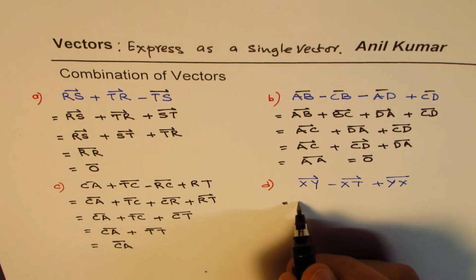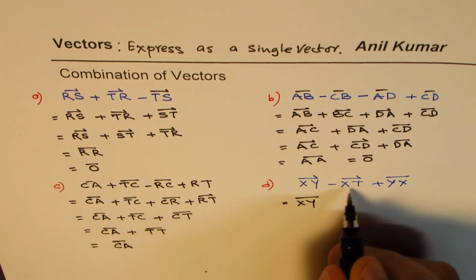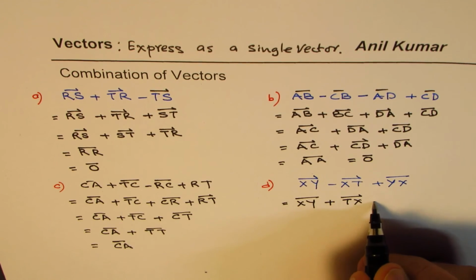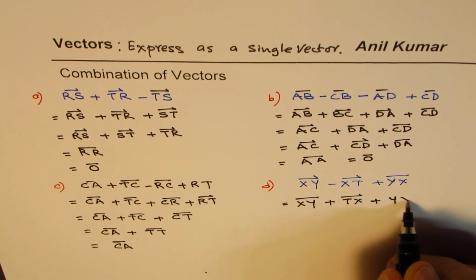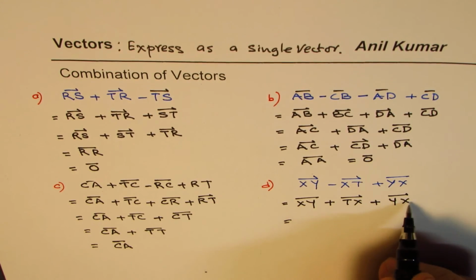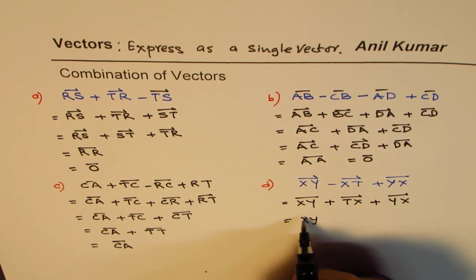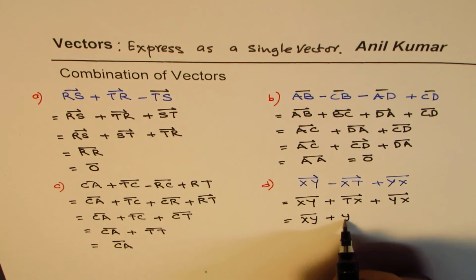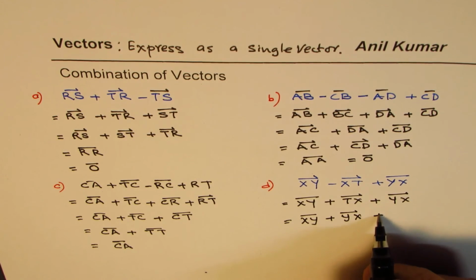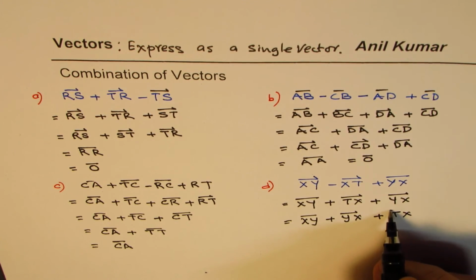So we could write this as X to Y, and then this is positive T to X, then positive Y to X. Now XY plus Y to X, right? And then we have plus T to X.